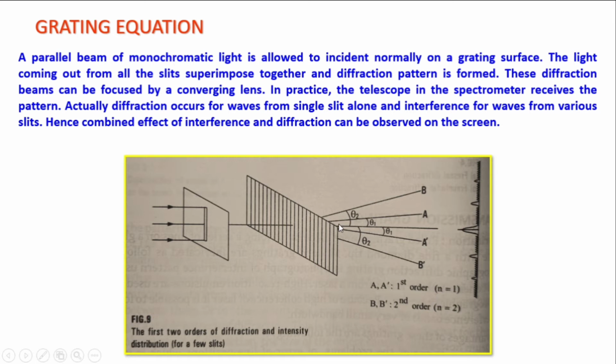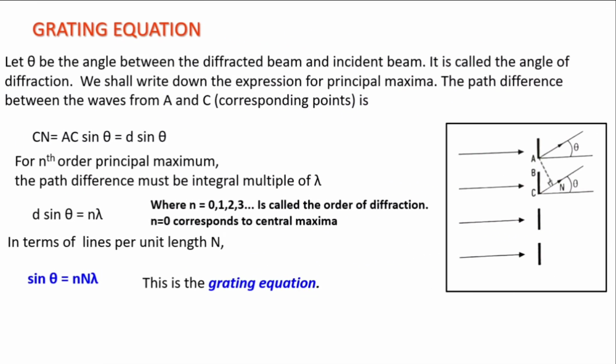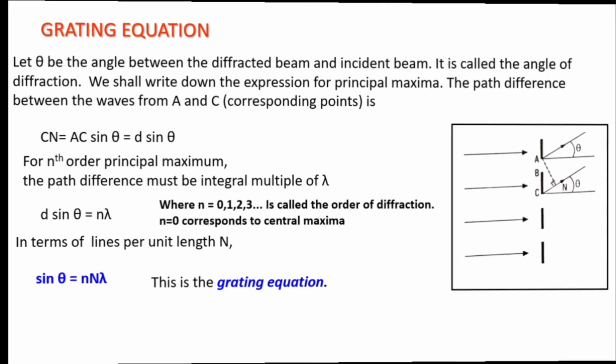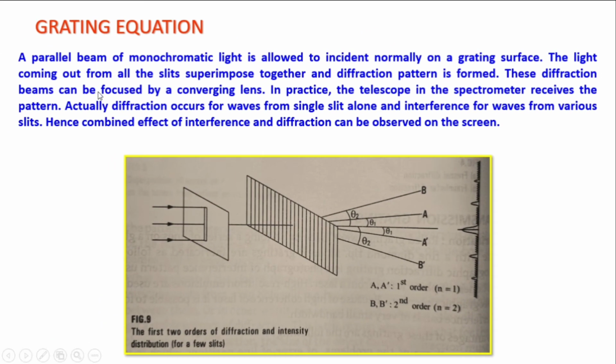The first order principal maxima makes an angle theta 1 with the central line, and the second order principal maxima an angle theta 2 with the central line. Here it is explained that diffraction occurs for waves from a single slit alone, and interference for waves from various slits.